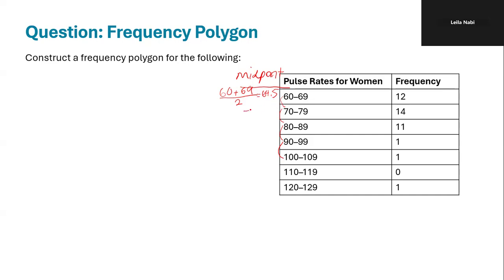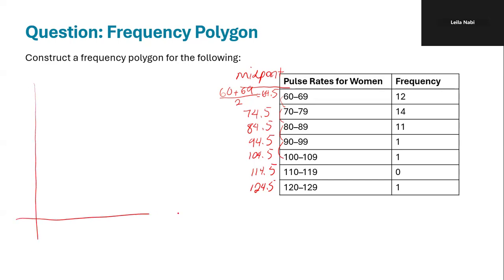64.5 plus 10 is 74.5. Plus 10, 84.5. Plus 10, 94.5. 104.5, 114.5, and 124.5. Now I have the midpoints. So it's easy to create the frequency polygon.